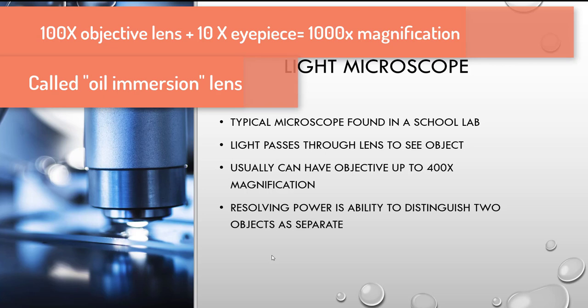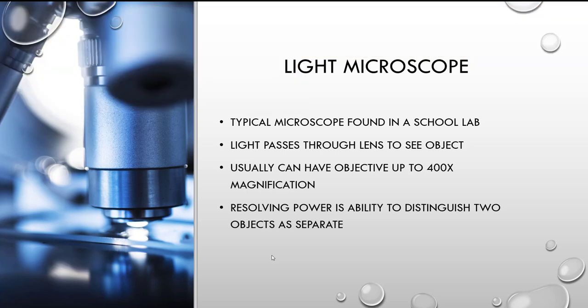That's called an oil immersion lens. But that usually doesn't work too well in a classroom setting because it's very likely that a student can use it improperly. So most of the time we just use up to 400 times magnification.